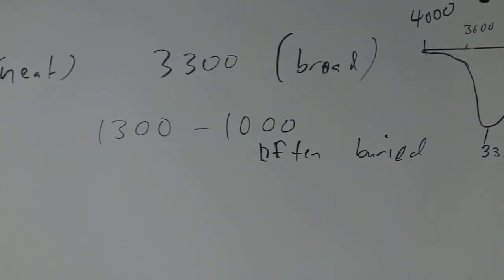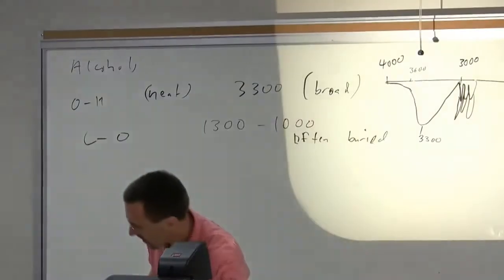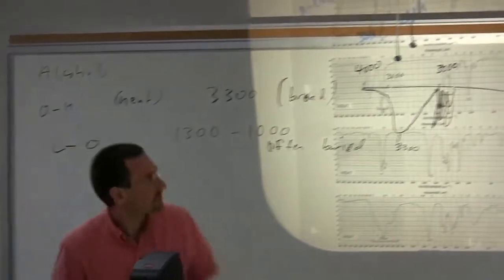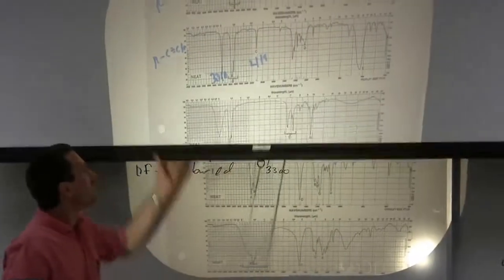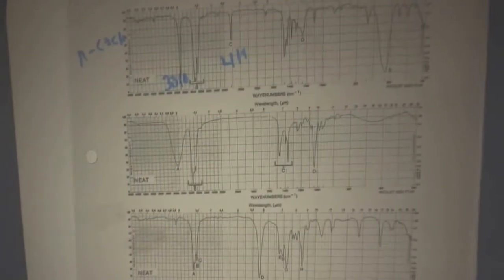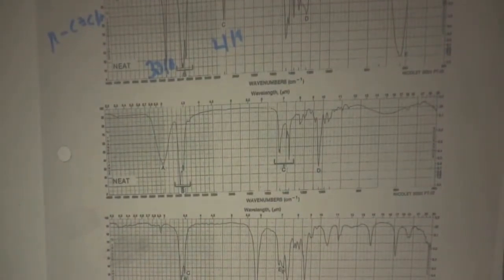All right, let me take an example of an alcohol just so you can see something apart from my little pigeon drawing over here. And this is a small alcohol.